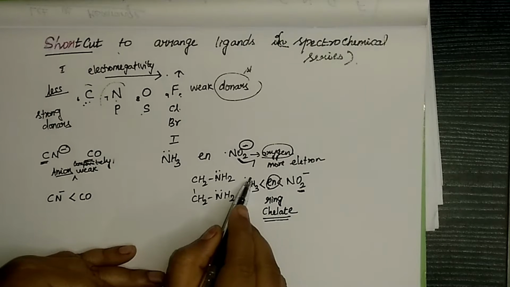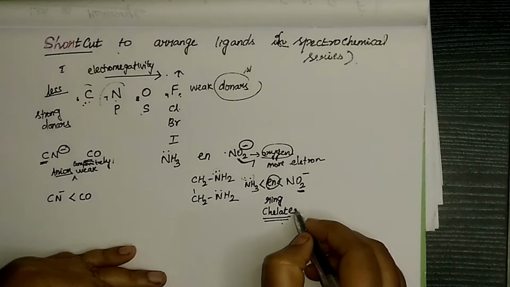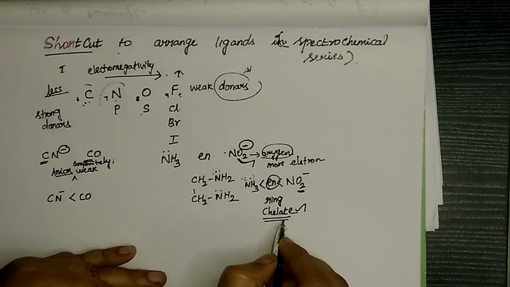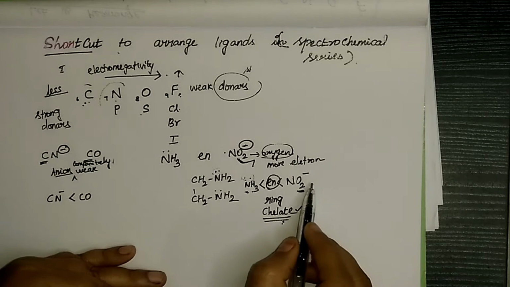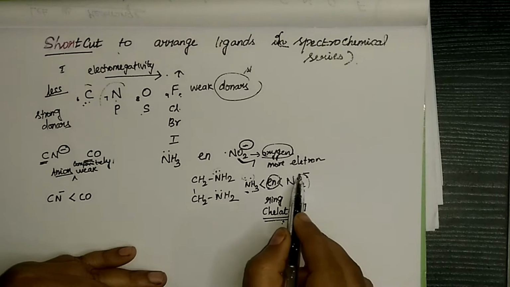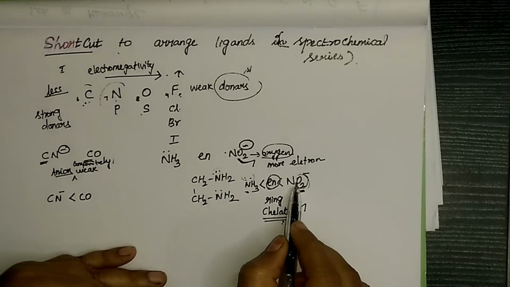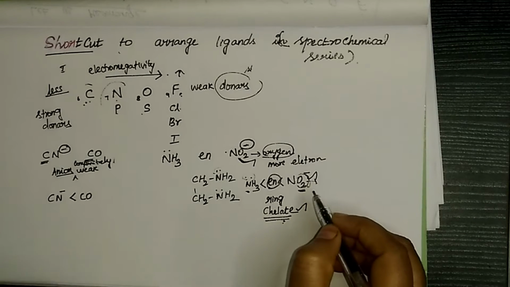This is also having a lone pair of electrons. But when it forms a chelate structure, it will be stronger than one that does not form the chelate structure. And if you have an ion, you have to see nitrogen is attached to what atom? Here, this oxygen will be having more electronegative value, so this will be stronger.